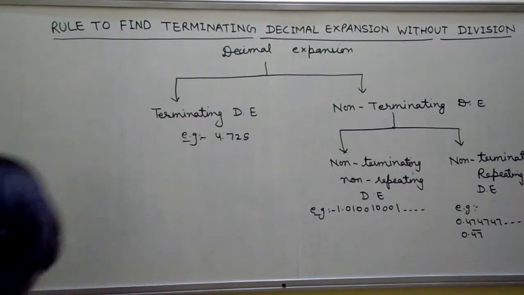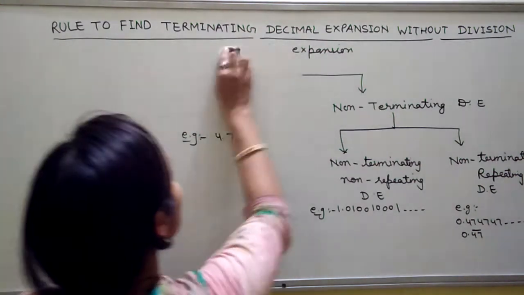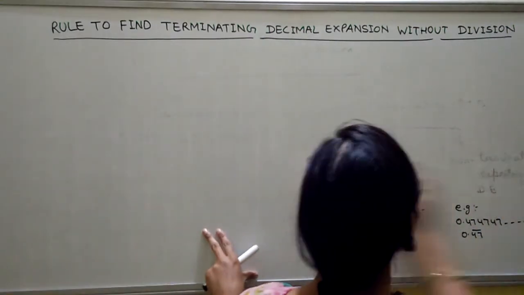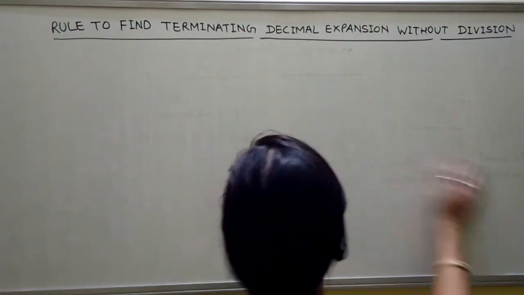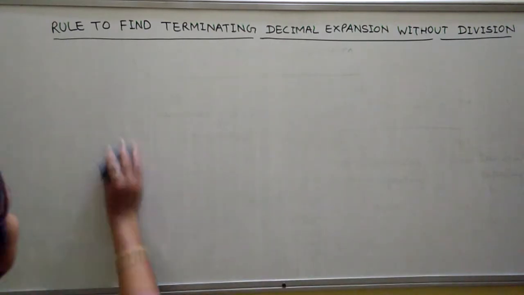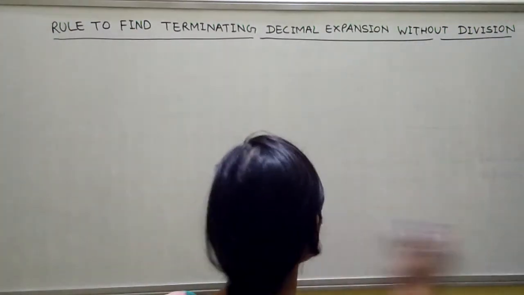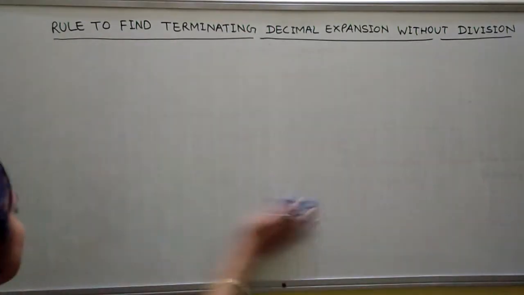Okay, so come to the rule. What is that rule? The rule is very simple. This is given in the form of a theorem in your NCERT book. That need not be proved, there is only the result of that theorem. What is that theorem?